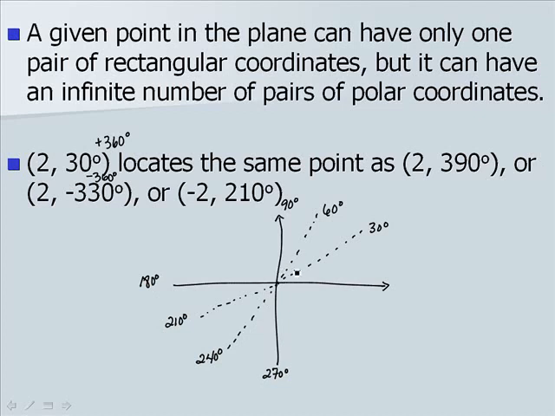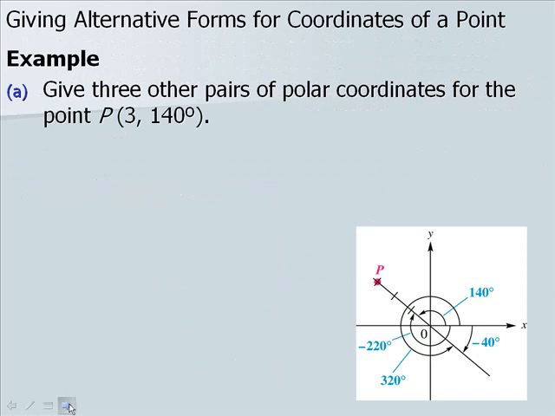So our point (2, 30 degrees) is right here. If we look at (negative 2, 210 degrees), notice that 210 degrees is in quadrant 3, and so we would look here. But since it's a negative 2, we reflect across to the opposite quadrant, which is quadrant 1, which is our 30 degree line, and go 2 on that line. So it's the identical point.